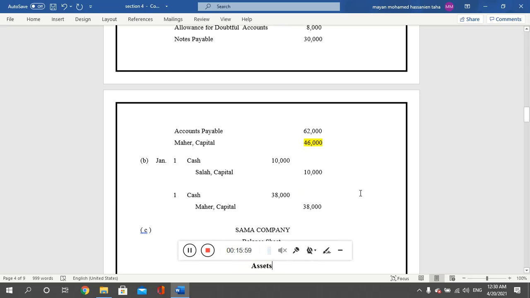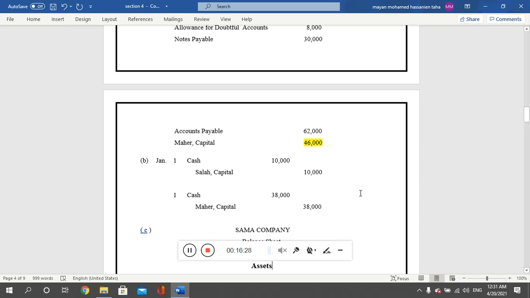This is the amount of investment for Maher. So here cash will increase for Salah by $10,000, and Salah's capital will also increase by $10,000, and Maher's cash will increase by $38,000, and his capital will also increase by $38,000.